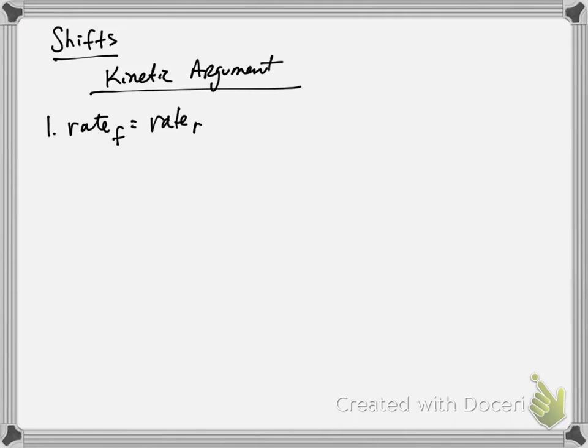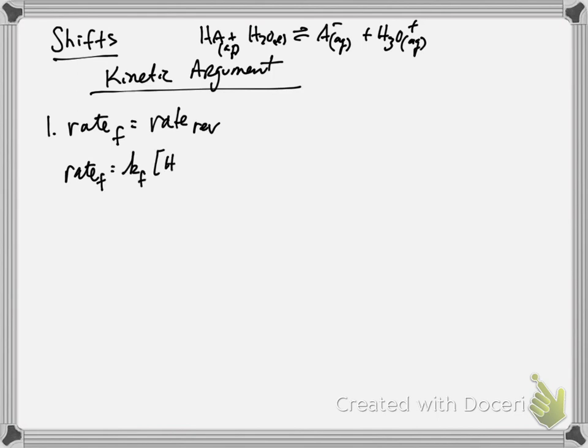And then finally, shifting. We didn't get to do the kinetic argument. We only did the kinetic argument once, but in general, we construct kinetic arguments by first having an equilibrium, and then you disturb the equilibrium by adding something. The way we construct the argument is rate forward is Kf times the reactants equals K reverse times the products.